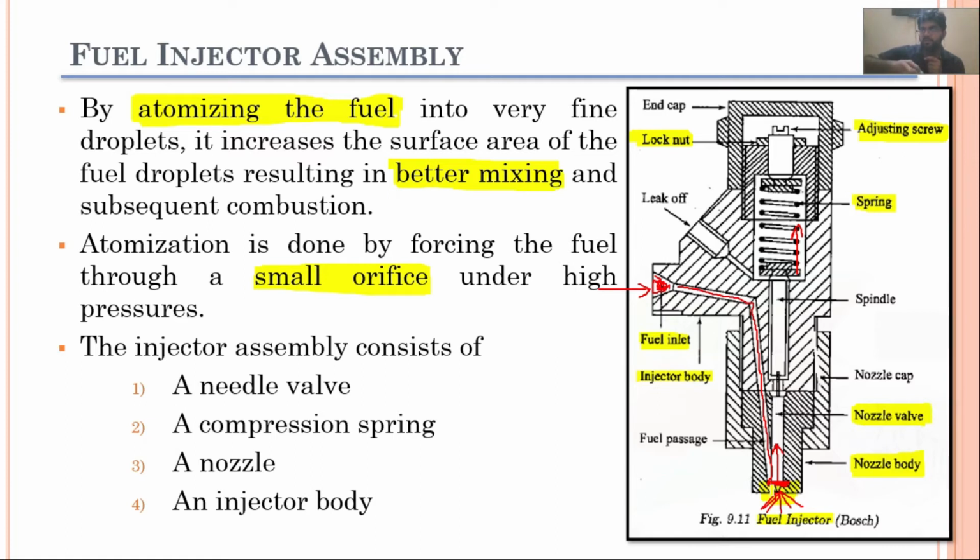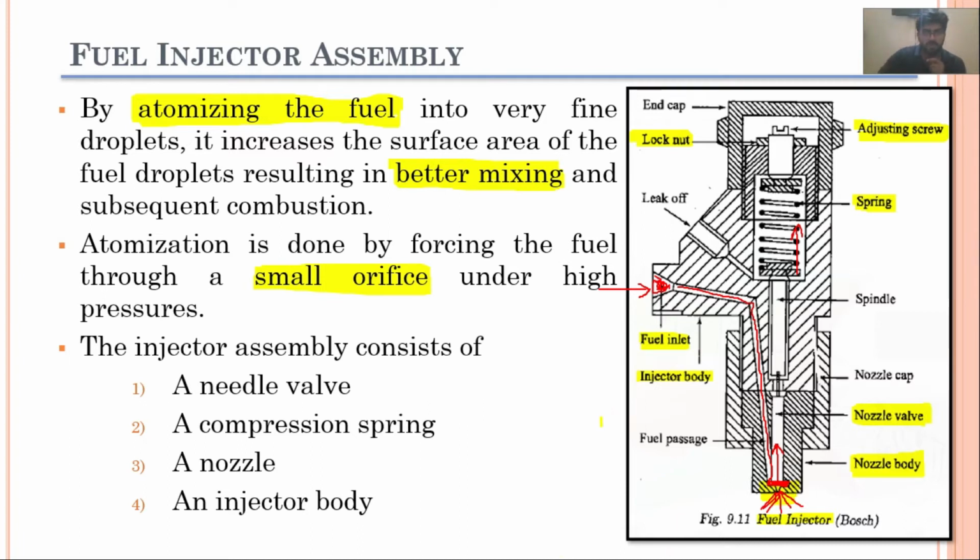It will increase the pressure, because you have reduced the diameter, reduced the area available for the water to come out. This is what is happening here. This orifice will atomize the fuel, and as a result of the atomization we will have better mixing because of these fuel injectors.